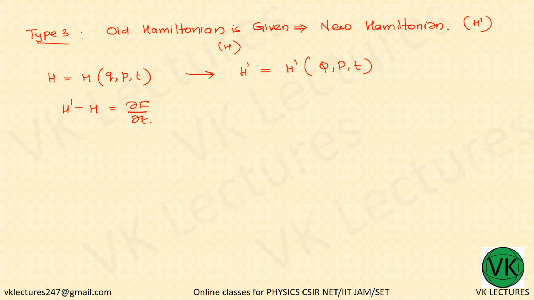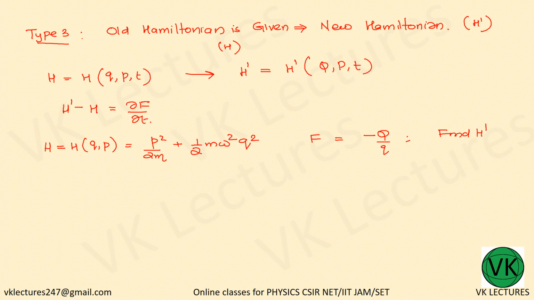We have the old Hamiltonian H of q, p is equal to p square divided by 2m plus half m omega square q squared. F is equal to minus Q by q, and find H dash.